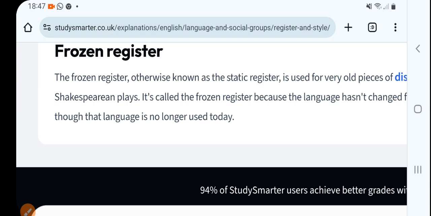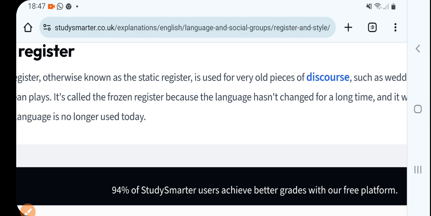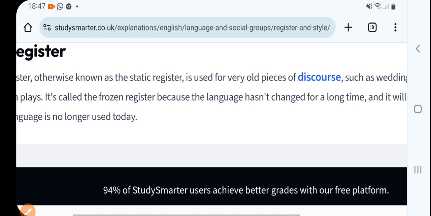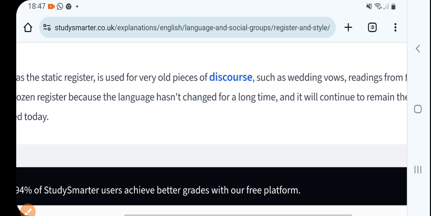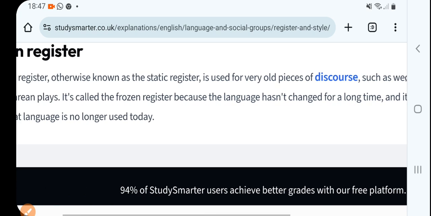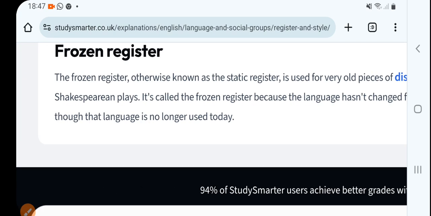So our language, the registered language, is frozen because there is no change; a particular kind of language has to be used. The language has not changed for a long time, and it will continue to remain the same even though the language is no longer used today.